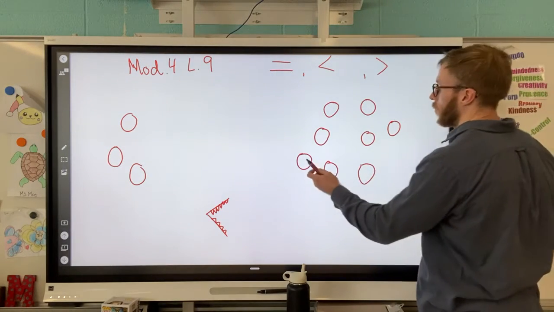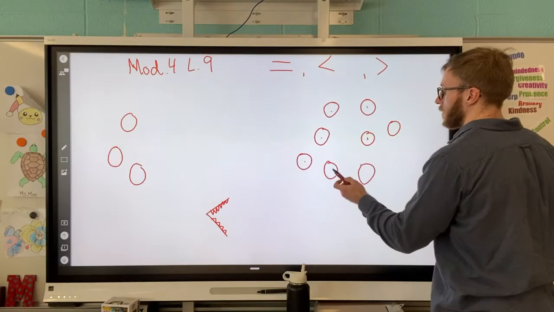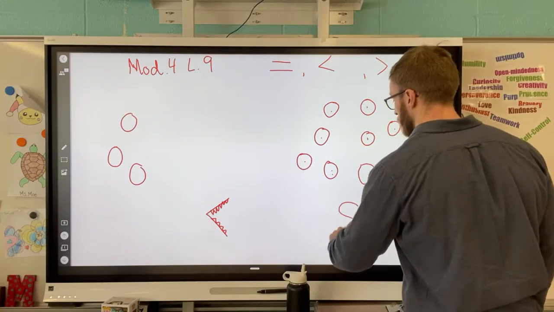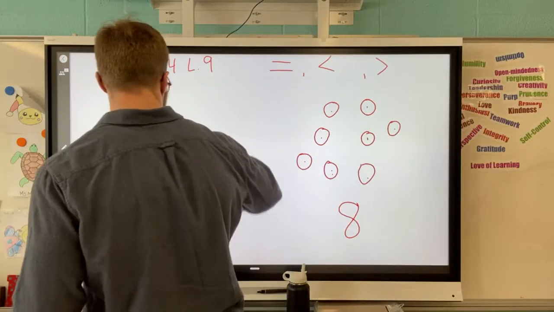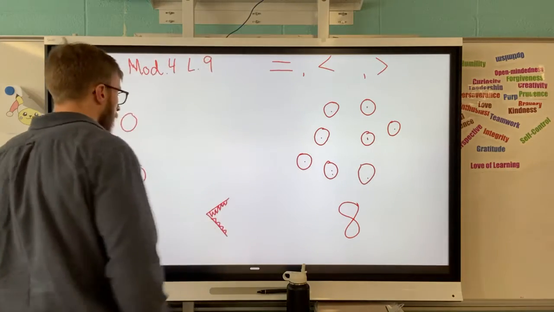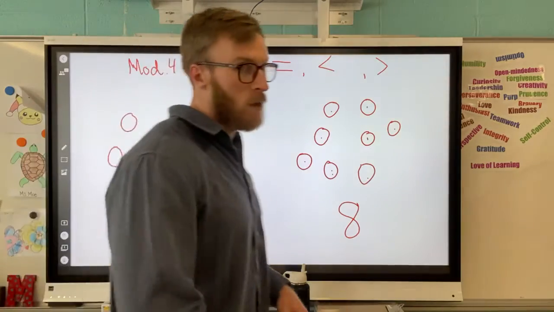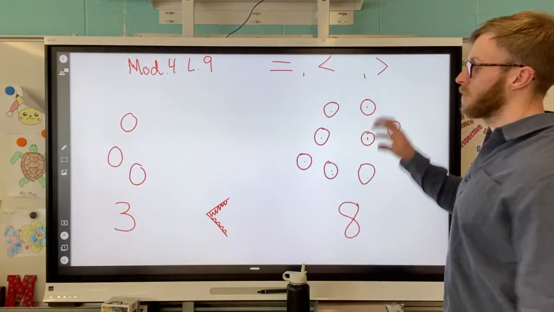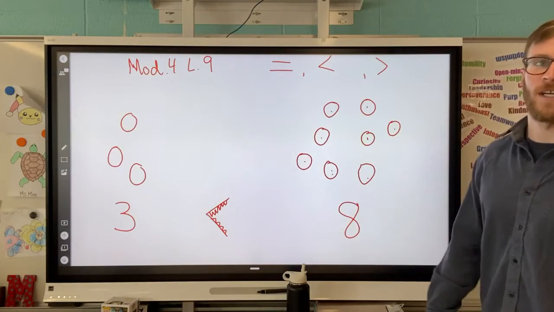So count with me. 1, 2, 3, 4, 5, 6, 7, 8. So we have 8 fish over here. And we have, let's see, 1, 2, 3, 3 fish over here. So remember, he wants to eat the most fish he possibly can, but he can only pick that side or this side. Yeah, he's going to want to eat that grouping of 8 fish.